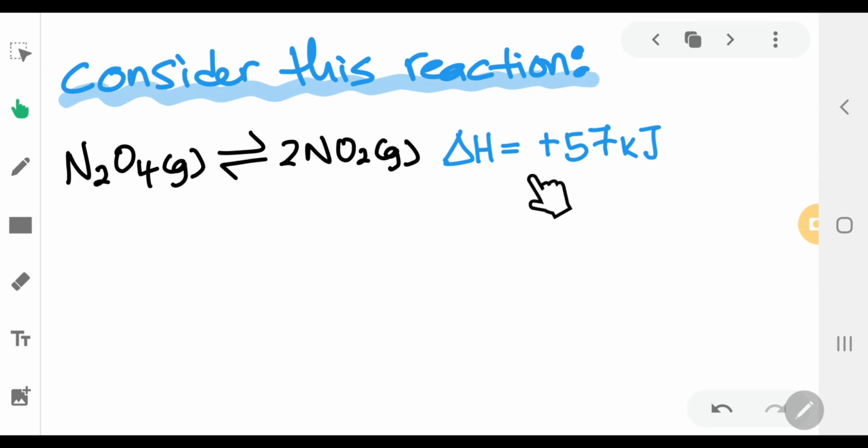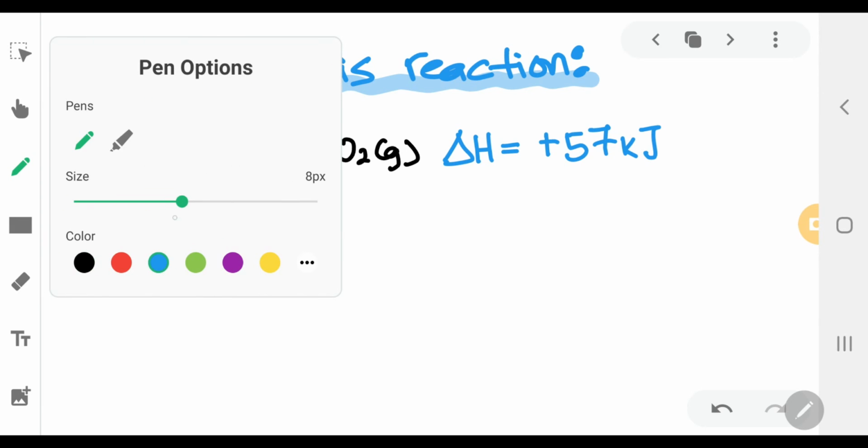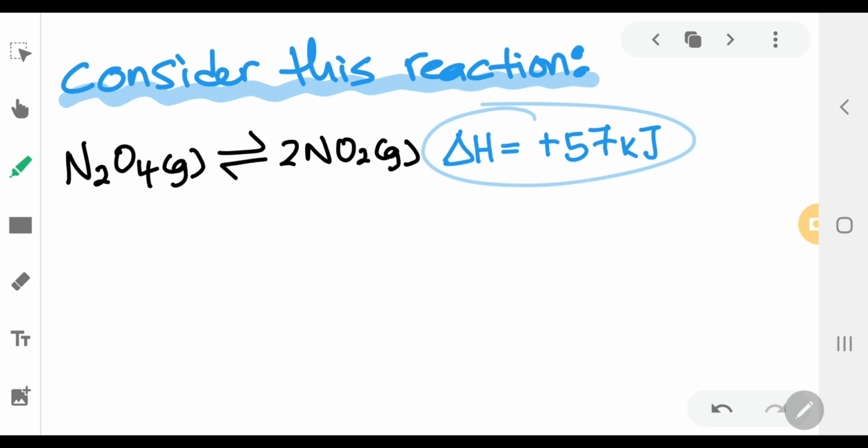So when you look at your reaction here, when you have the delta H value to be positive, this is what we call an endothermic reaction.